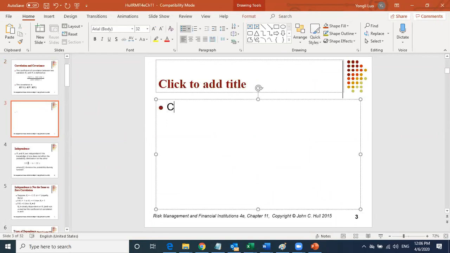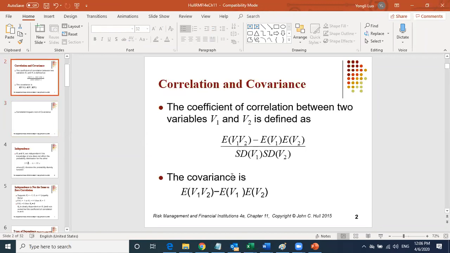Okay, the square root of covariance. When you get the covariance and you take the square root, that's the correlation.